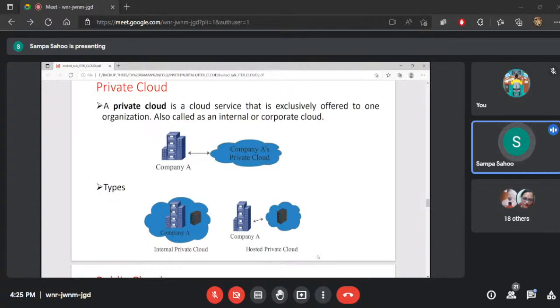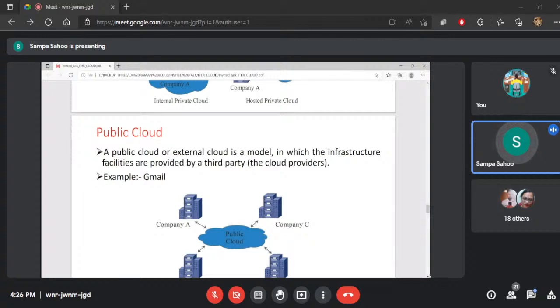But in case of hosted private cloud, suppose company A is in city A, then the cloud setup can be done at another office in city B. So that will be your hosted private cloud, means a third party will be involved to make the cloud setup for company A.